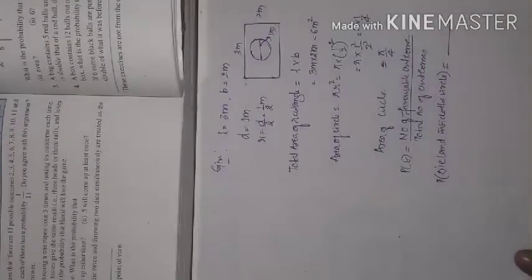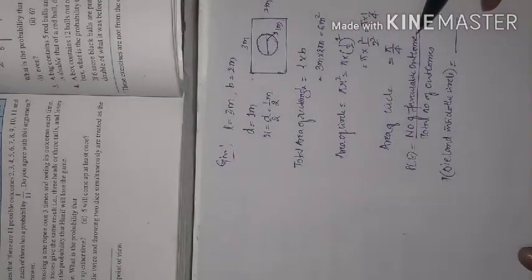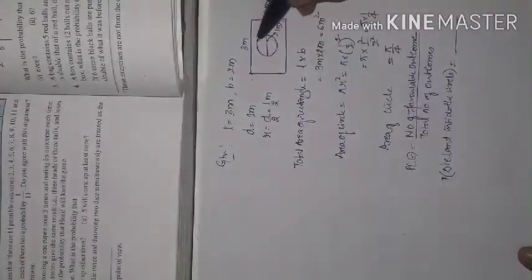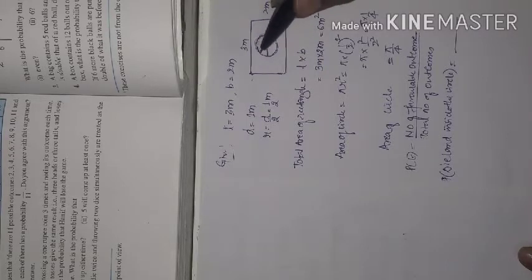Number of favorable outcomes means the area of the circle here, because when we roll a die it should land inside the circle. So the chance of landing inside the circle is only this much.